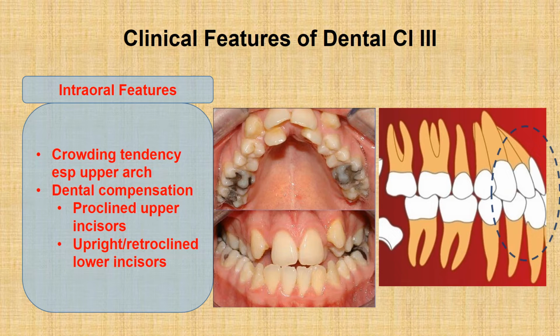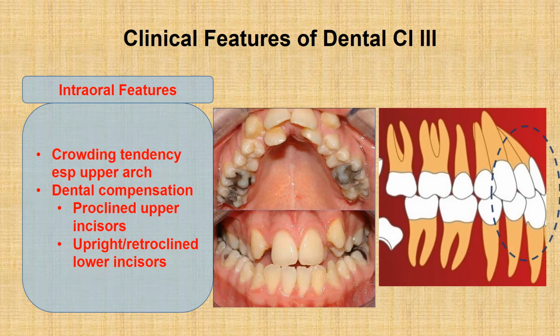Now, the clinical features, the intraoral features of dental class 3 are the crowding tendency in the upper arch. This is because of a retrognathic maxilla, which is smaller in size compared to the mandible.